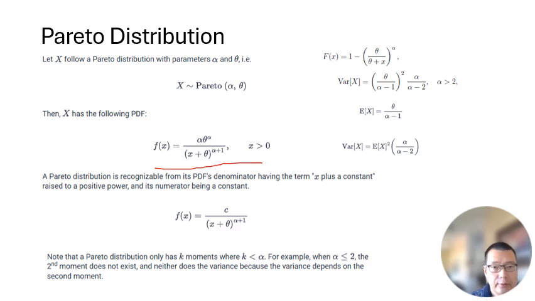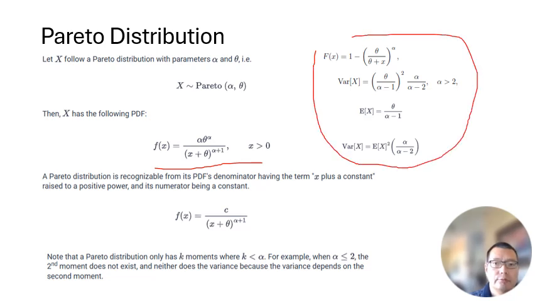The SOA spreadsheet also provides a formula for you to use during the exam. But of course, it's best that you are very familiar with this and don't need to refer to the spreadsheet all the time.